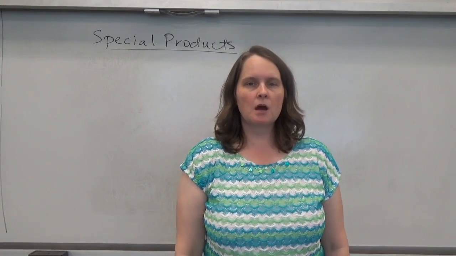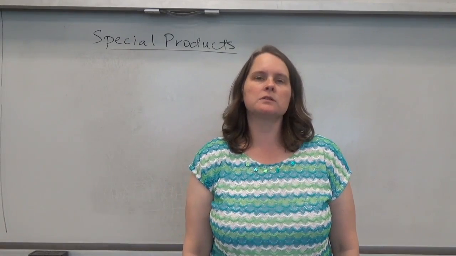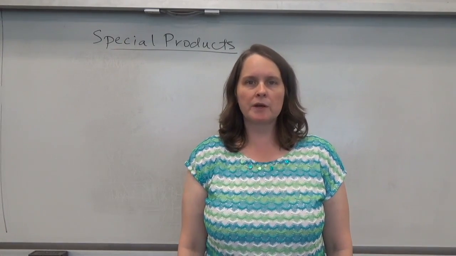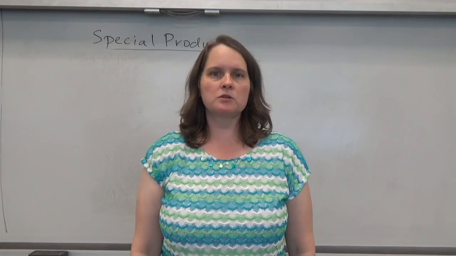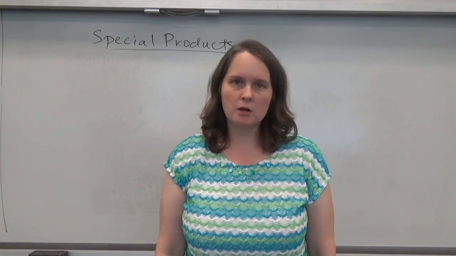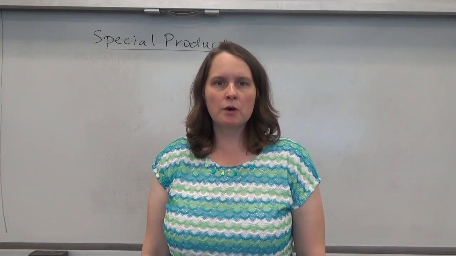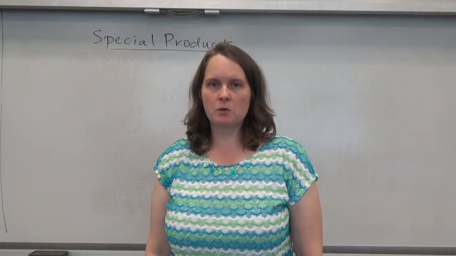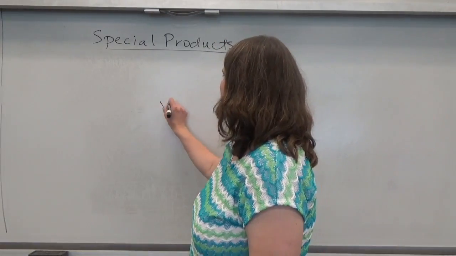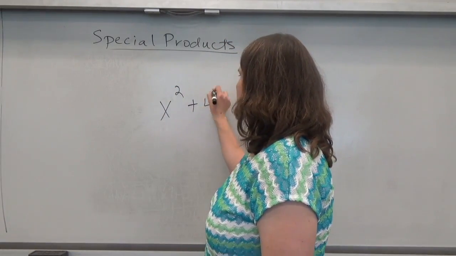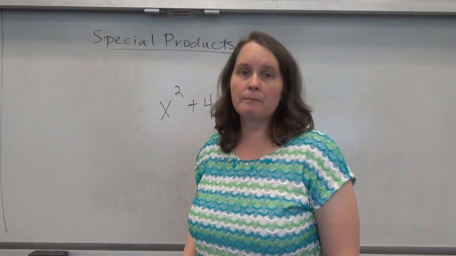In your notes, there is discussion about the difference of squares, sum of squares, and the perfect square trinomials. Read through that. Make sure that you know that if you see a sum of two perfect squares, for example x squared plus 4, this is a prime polynomial, or a prime binomial.